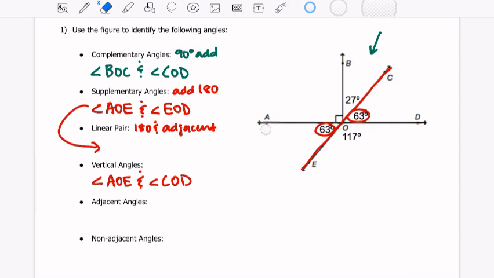Okay, adjacent angles, we're looking for two angles that share a side. We already did one with the linear pair, but let's get a little fancier, okay? Just any two angles. So, I don't know, let's maybe do AOB and BOC, right? Because they share this side in between.